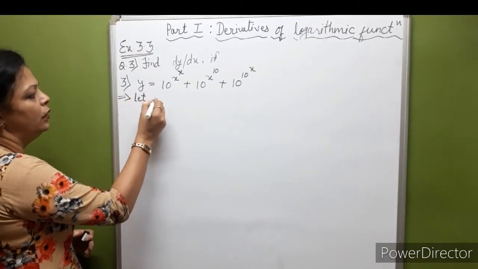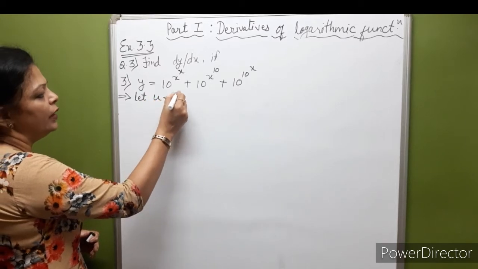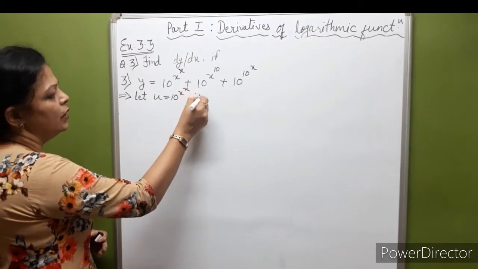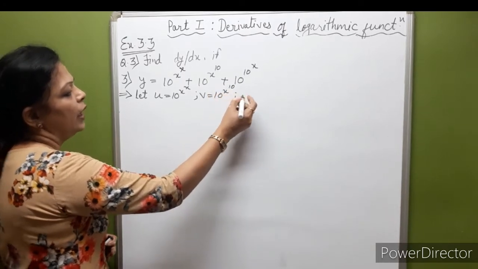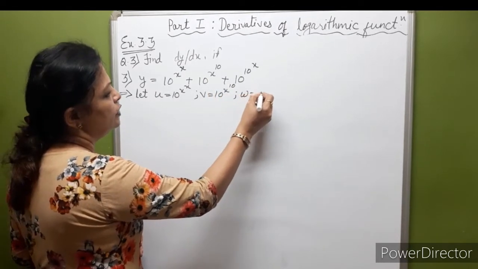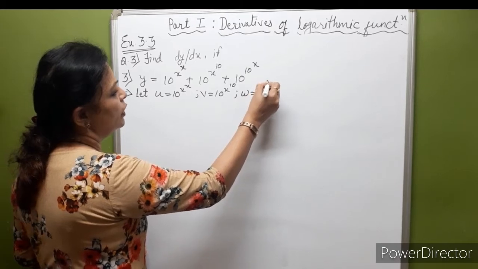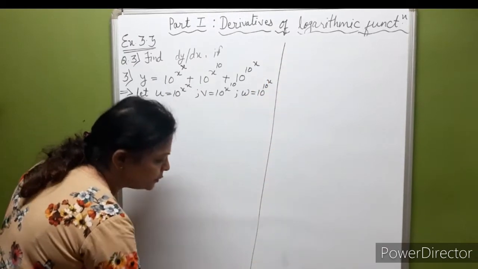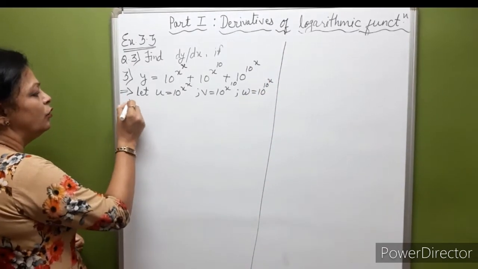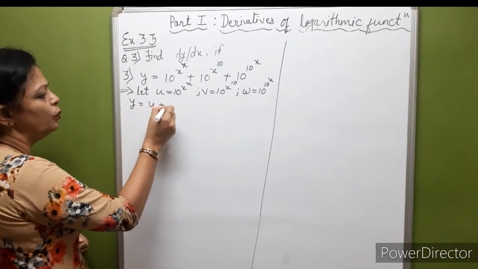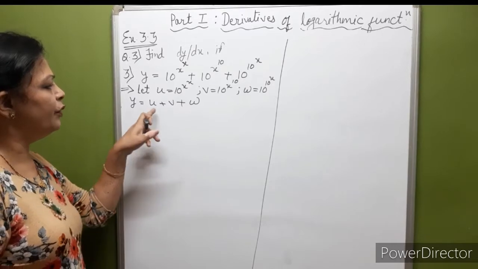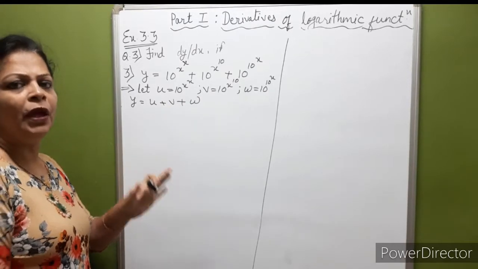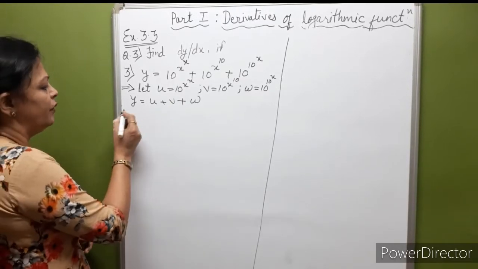Let u is equal to 10 raised to x raised to x, v is equal to 10 raised to x raised to 10, and let's take w is equal to 10 raised to 10 raised to x. So y is equal to u plus v plus w, and we will find the derivative of u, v and w separately and then put it in the equation.